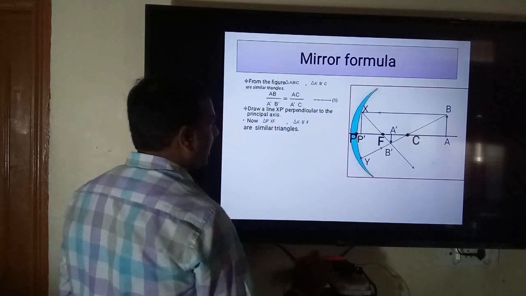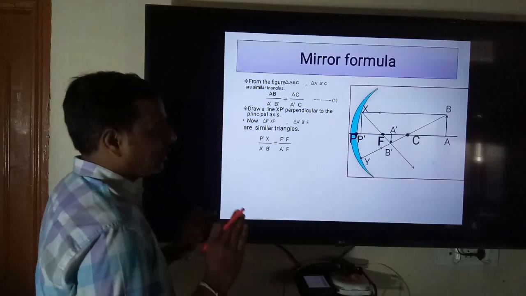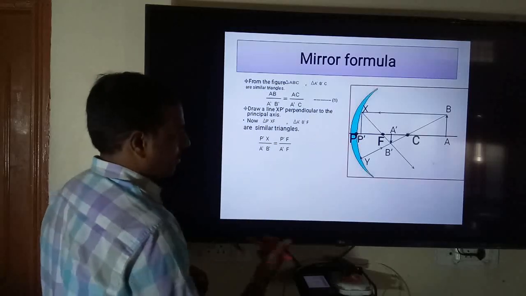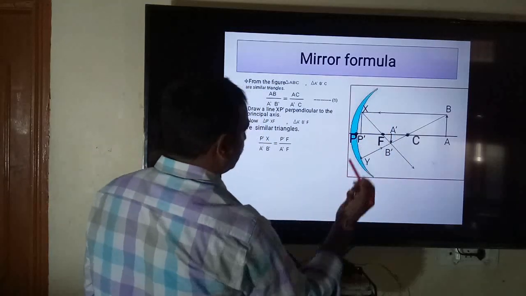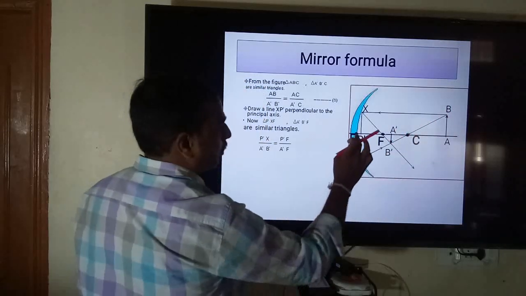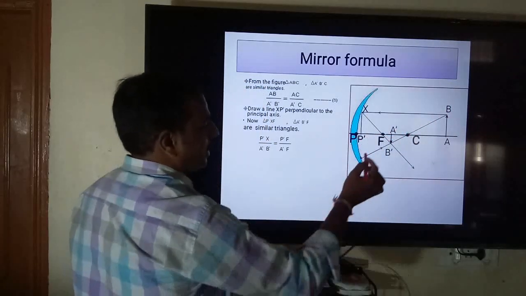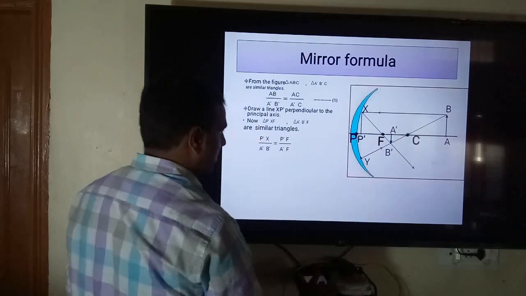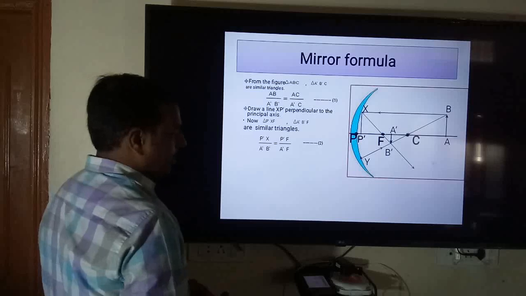Now related to triangle P'XF and triangle A'B'F, we are going to get P'X by A'B' is equal to P'F by A'F, this small length. This is equation number 2.